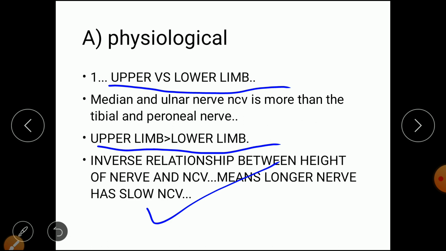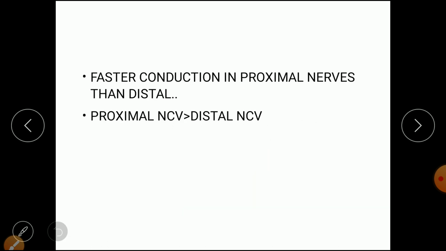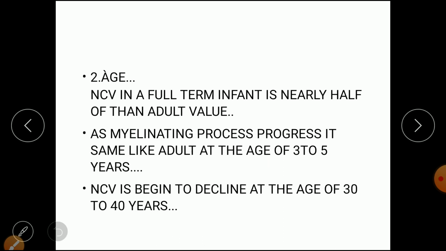Our nerve is longer, so the NCV is slow, but if the nerve is shorter, the conduction of the nerve is large. Then there is faster conduction in proximal nerves than the distal. That means in proximal nerves, the NCV value is more than in the distal nerve.